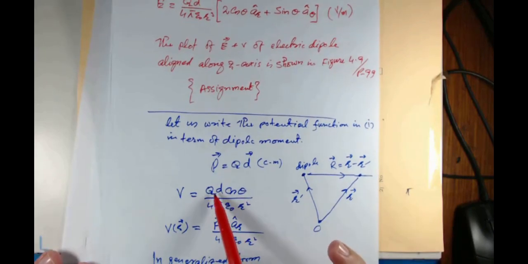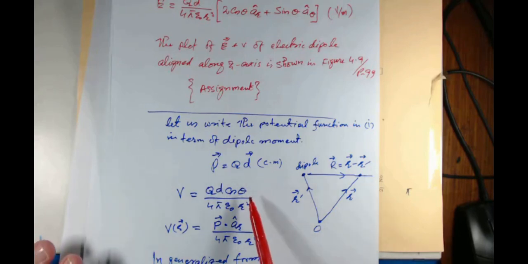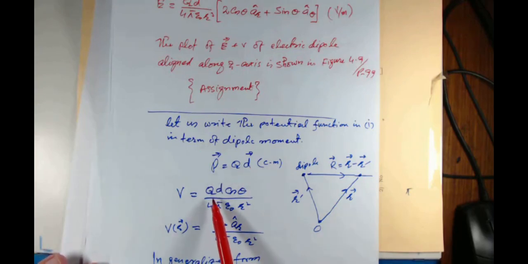We know what QD is, and in our case the electric dipole is aligned along the z axis, which means that the d distance is directed along the z axis. So V at any radial and theta direction can be written in terms of the dipole moment. V is equal to P dot a_R divided by 4 pi epsilon naught R square.